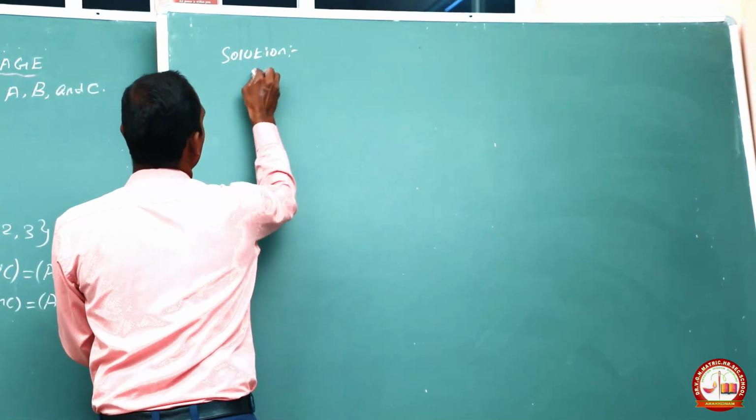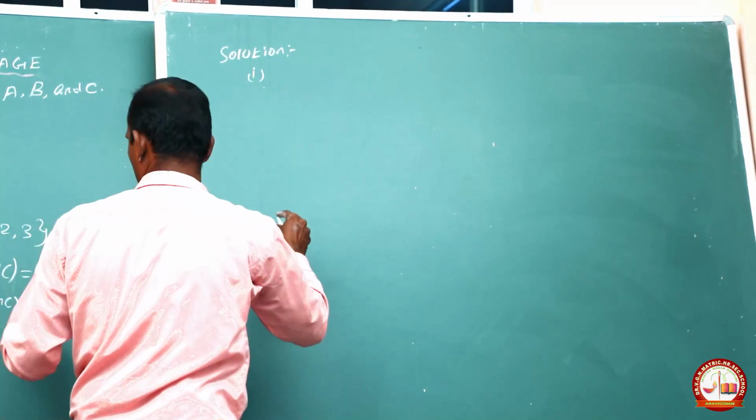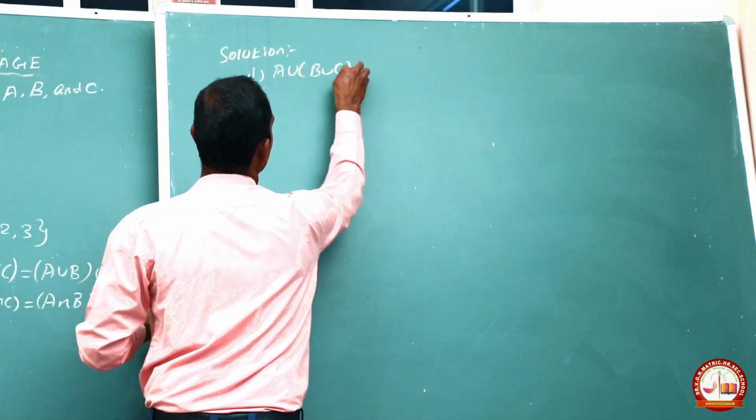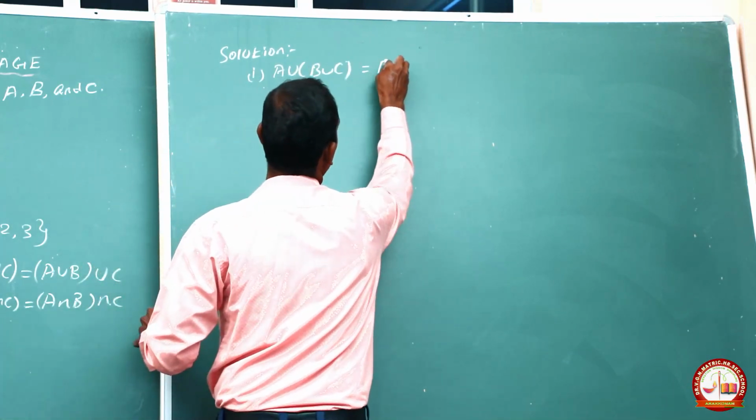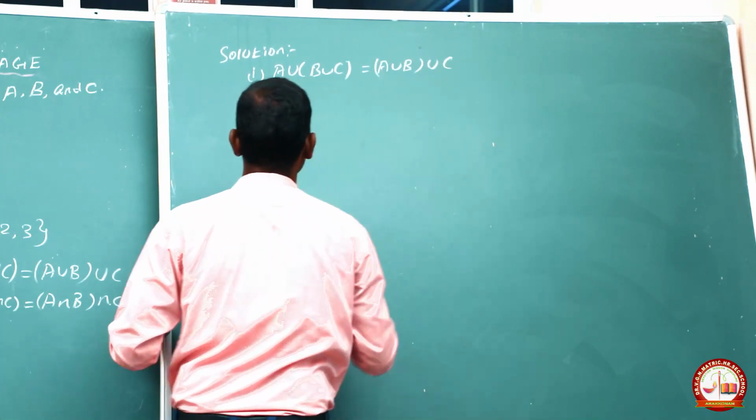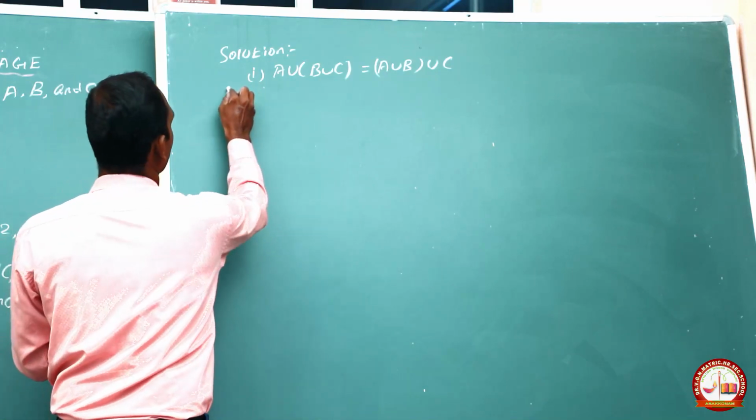Next, the solution. We take the first question: (A union B) union C equal to A union (B union C). So first, what are all given?